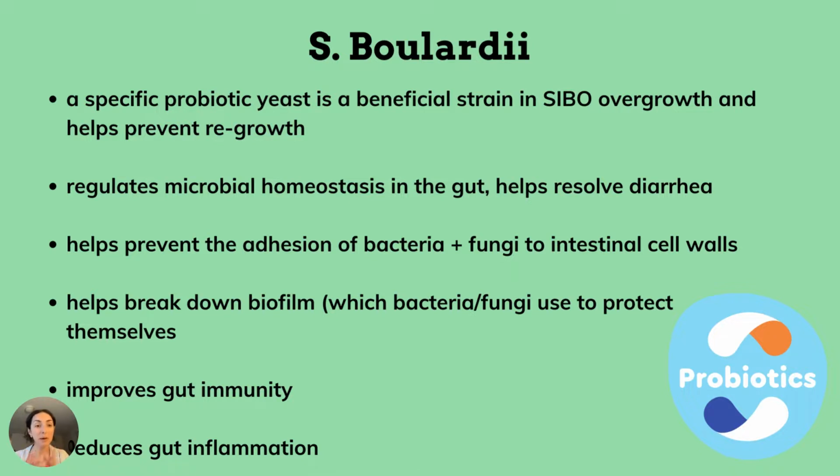It helps break down biofilm. Biofilms are like stubborn bacteria that protect themselves in what you can think of as a film, which is kind of gross, but they put a barrier film up. So S. boulardii helps break through that biofilm and helps get rid of the overgrowth that much quicker. And it reduces gut inflammation.